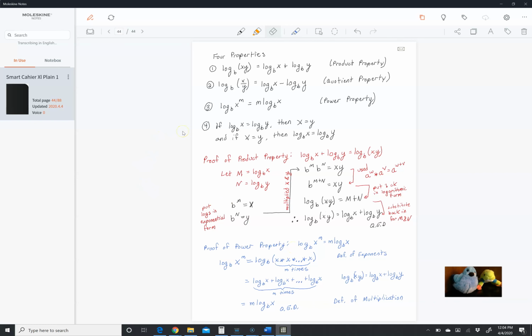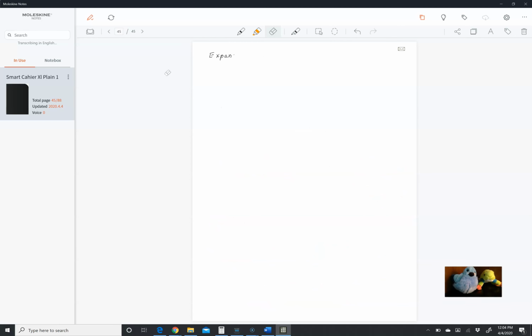Okay, let's start working with logarithmic expressions. So we're going to do something called expanding. And this is similar to what we do with exponentials.